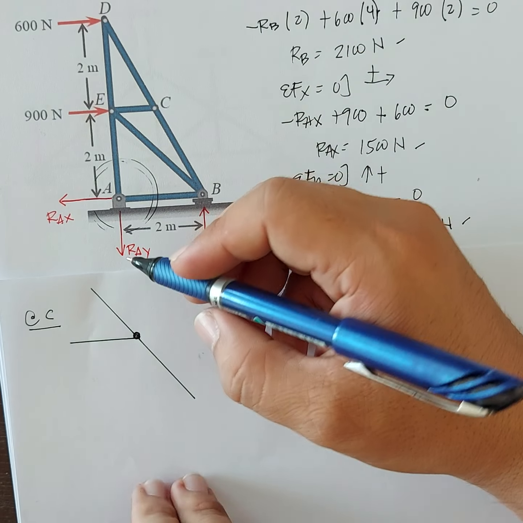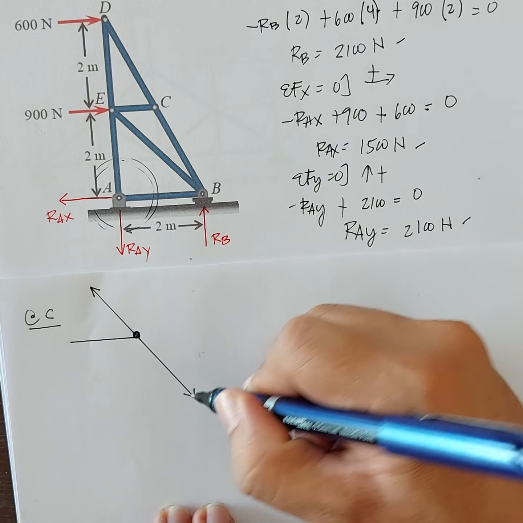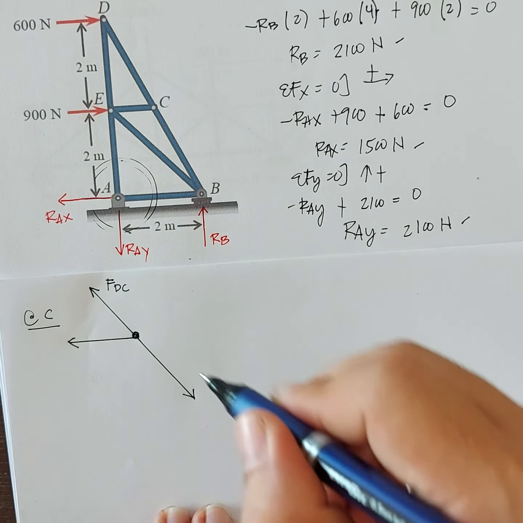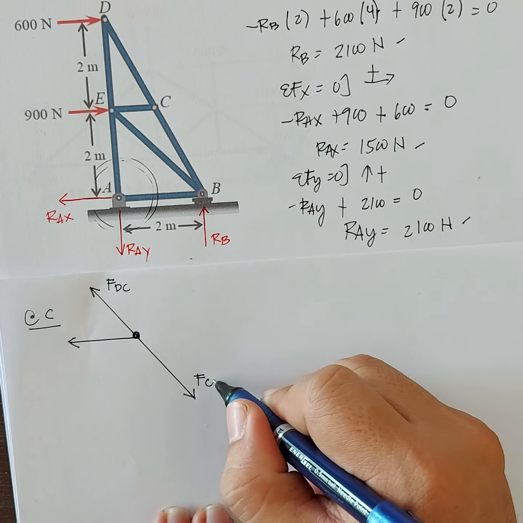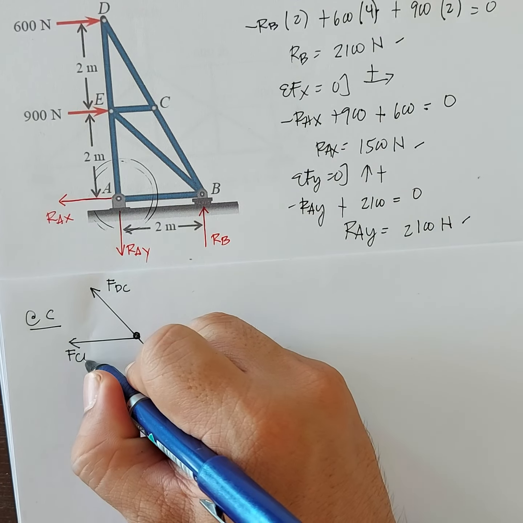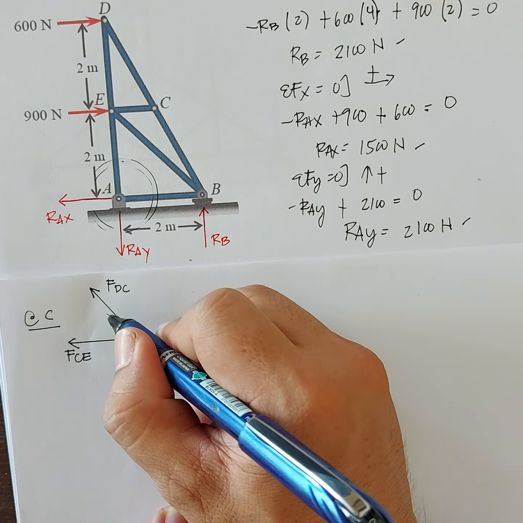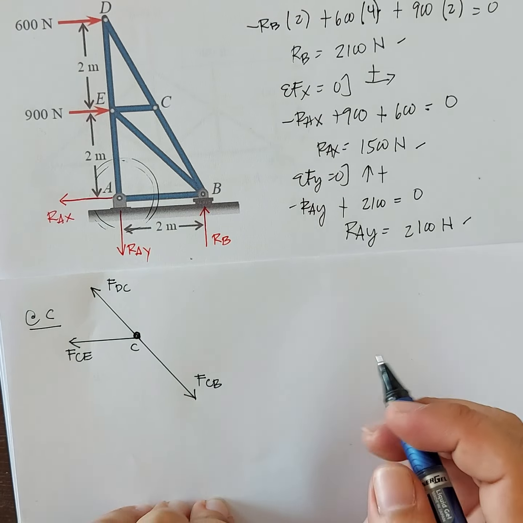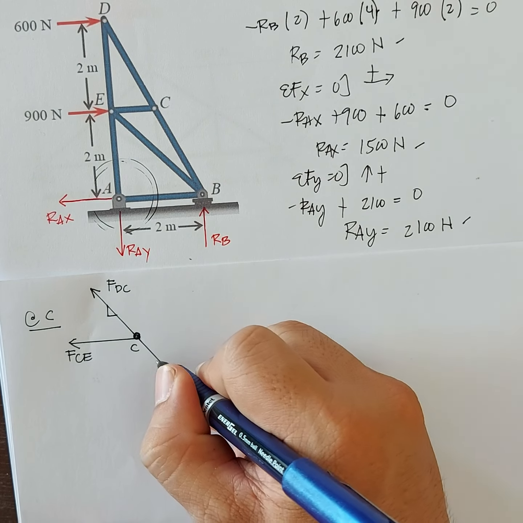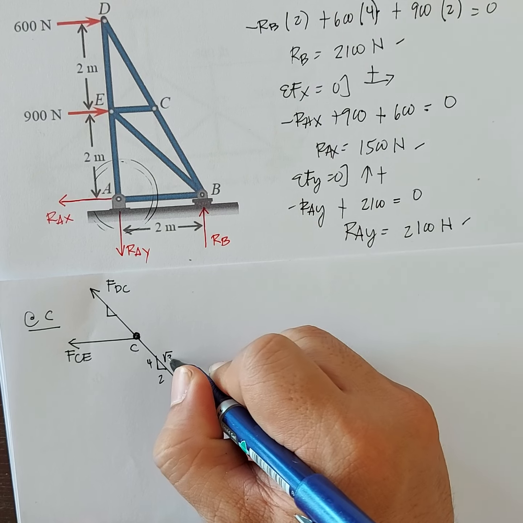Ayan. So again, assume natin na tension yung mga members natin. So this is FDC. This is FCB. FCE. This is joint C. Okay. Yung slope natin, solve na kanina ito, yung slope natin. 2, 4, square root of 20.